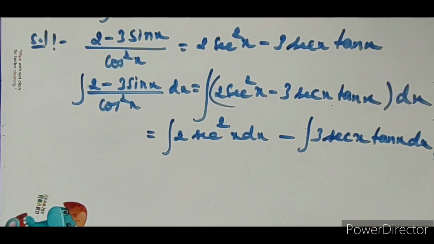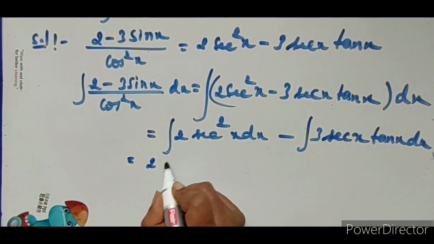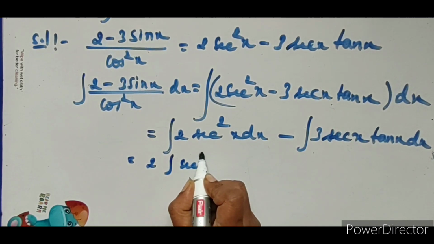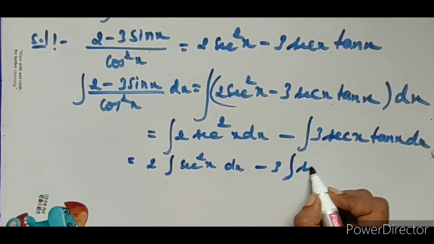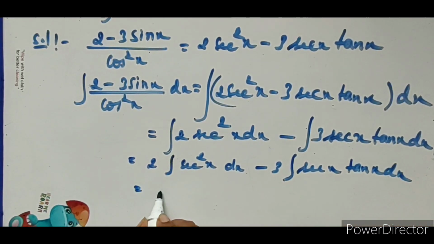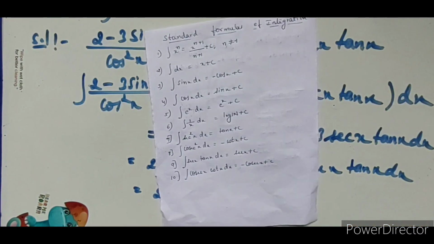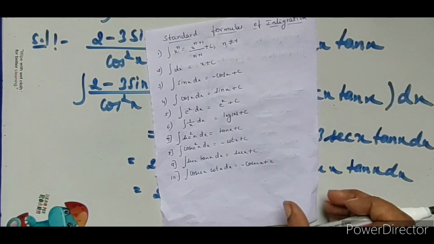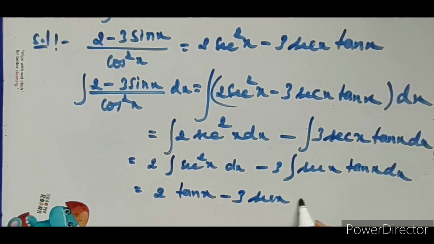Applying again the property of integration, 2 is constant, so taken outside, it is integration of secant square x dx minus 3, constant taken outside, secant x into tan x dx. Now you apply the standard formula of integration. We know that integration of secant square x is tan x and secant x tan x is secant x. So applying the formula, it is 2 tan x minus 3 secant x plus the constant of integration c.